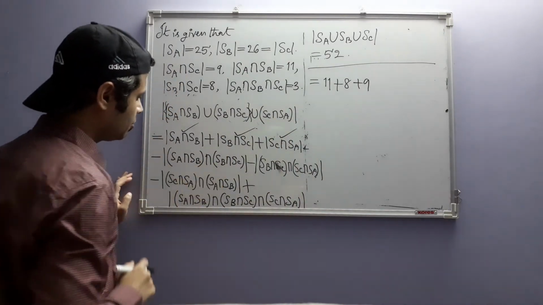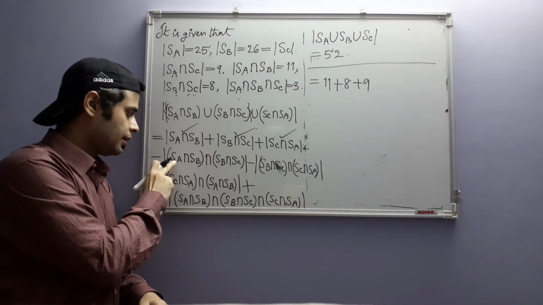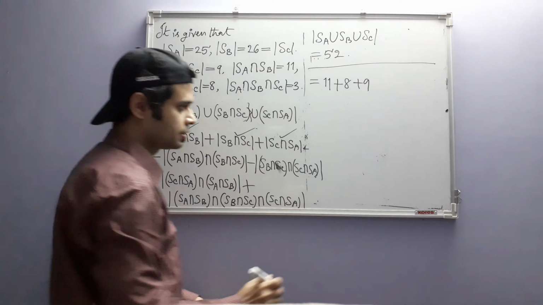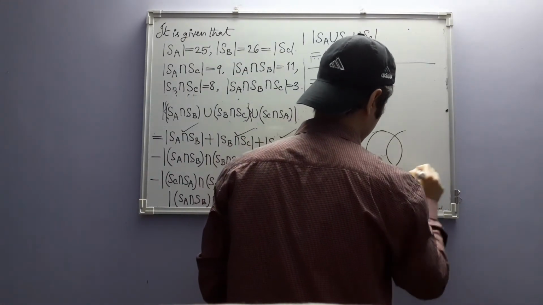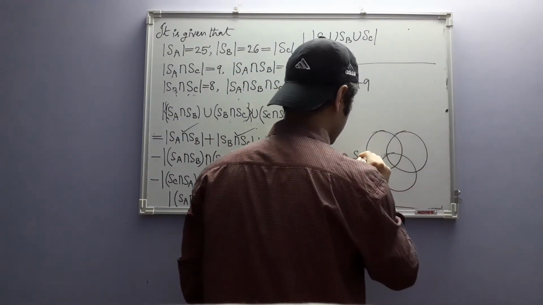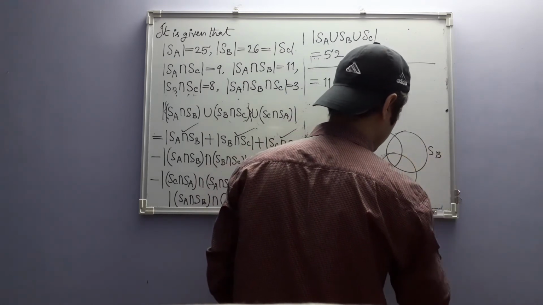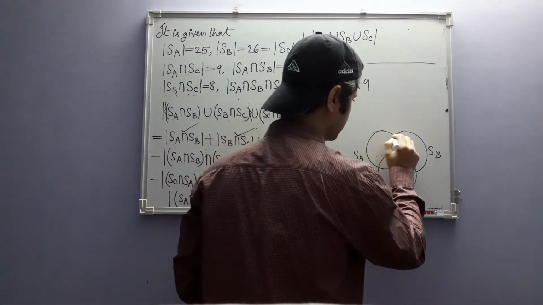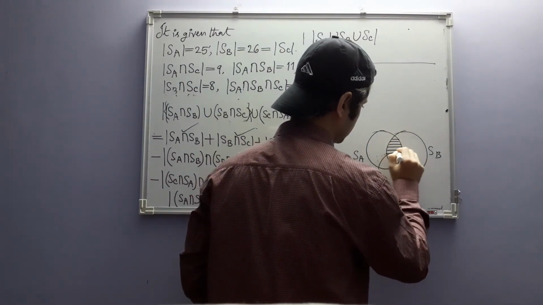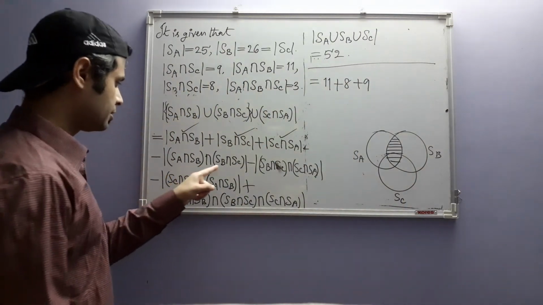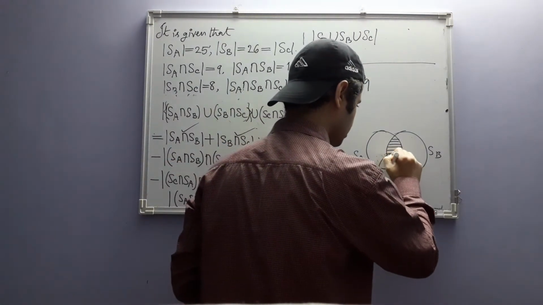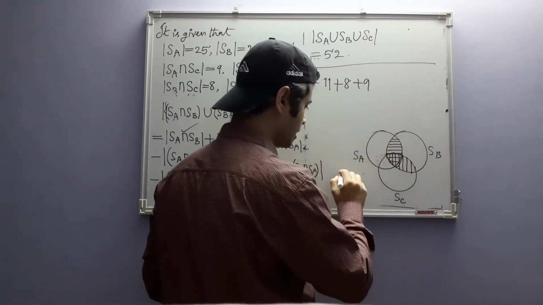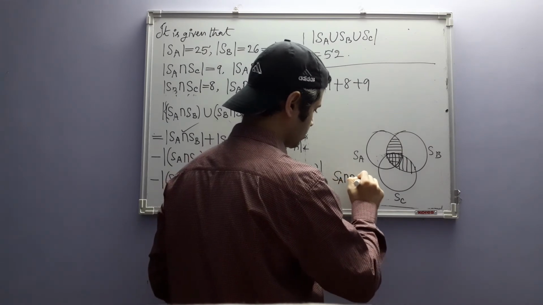Minus, now if you look at this, it's just SA intersection SB intersection SB intersection SC. It's just like this, SA, SB, SC. So SA intersection SB is this set, and SB intersection SC is this set. So their common part is this one, which is nothing but this intersection.